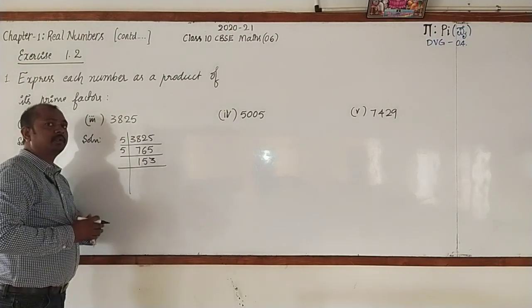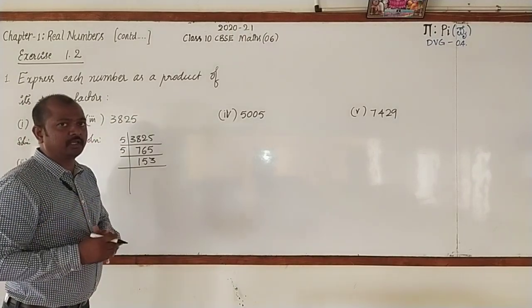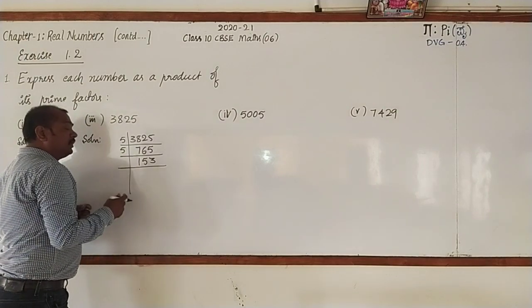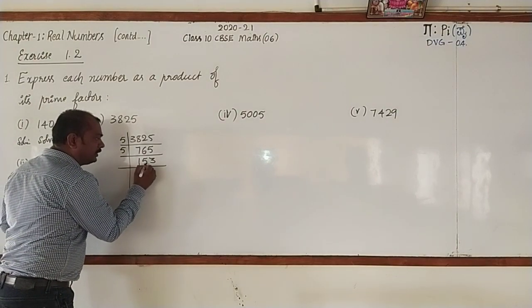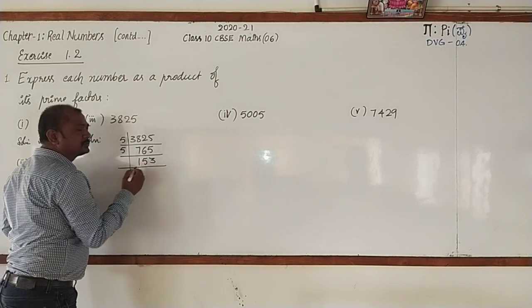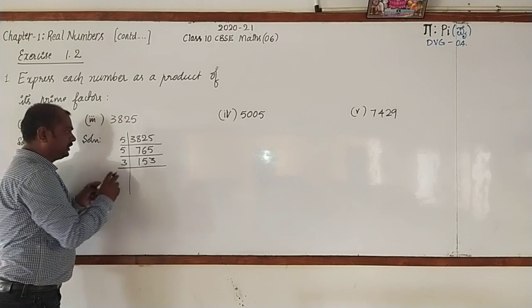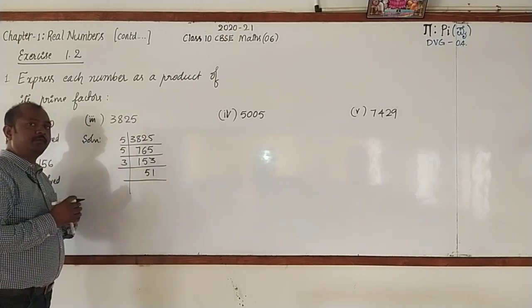By which number can it be divided? If you know the table of 17, you can write it directly. 17 nines are 153. But we want the prime factors. Here add them: 1 plus 5 plus 3. It is 6, 6 plus 3, 9. 9 is a multiple of 3, hence it can be divided by 3. 3 fives are 15, 3 ones are 3. Again 51 is there.